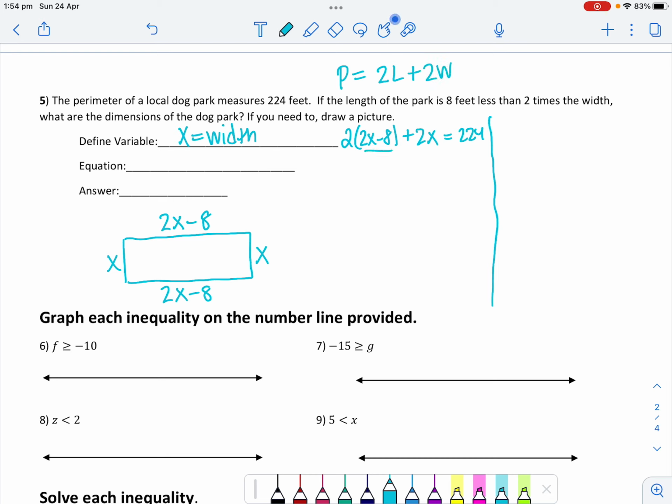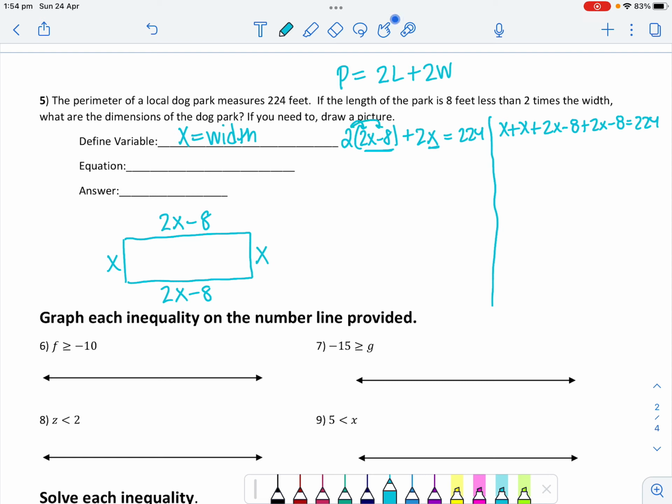Or you can just add up all the sides: X plus X plus 2X minus 8 plus 2X minus 8 is equal to 224. Both of them, when simplified, are going to get me the same thing.